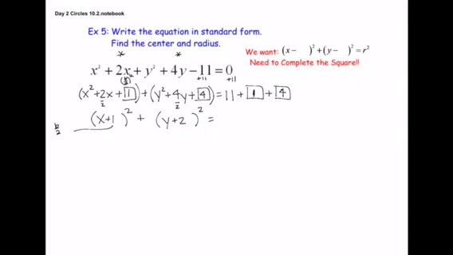We combined our like terms, which gives us 16. We can now tell that the center of our circle is at -1, -2. Our r squared is 16. We take the square root of both sides, so our radius is 4.